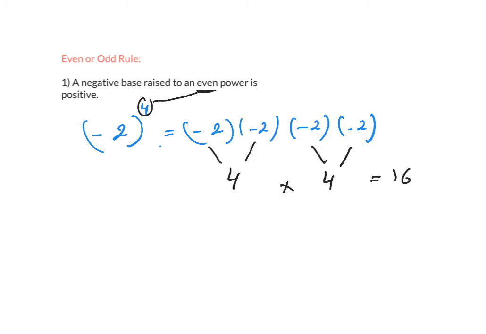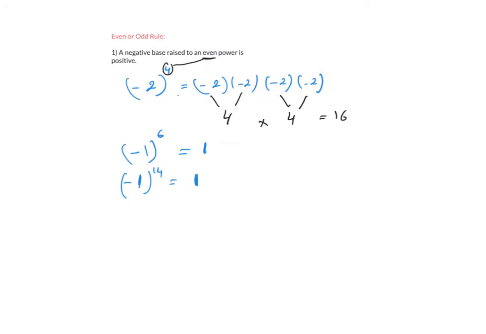The same thing if I have another number here. Let's suppose I have negative 1 to the 6th power. We expect a positive value, and the answer is going to be 1, because 1 times 1 times 1, even 100 times, is always 1. If I have negative 1 to the 14th power, the answer is also 1.